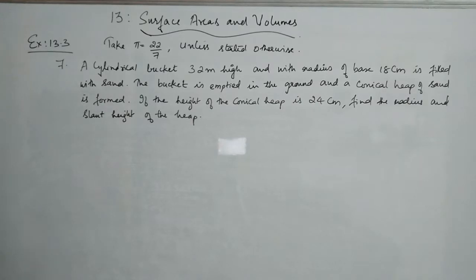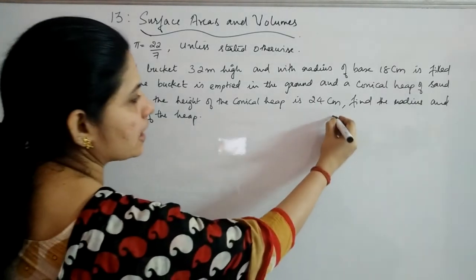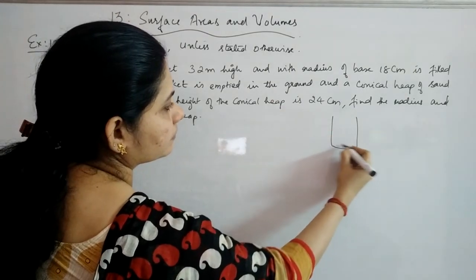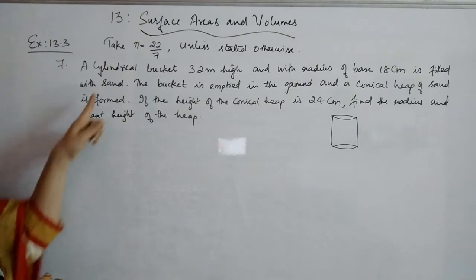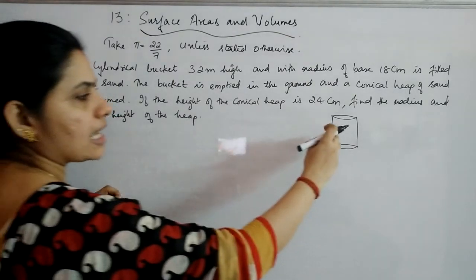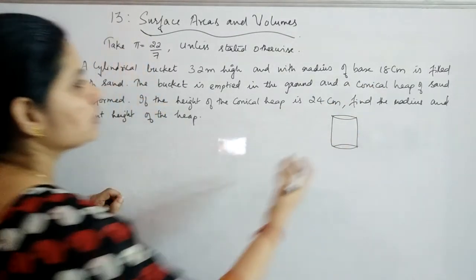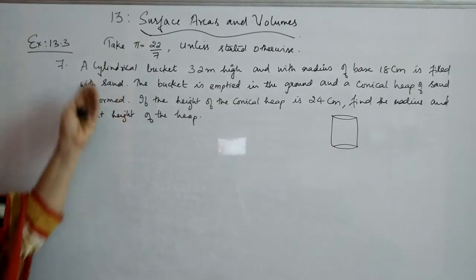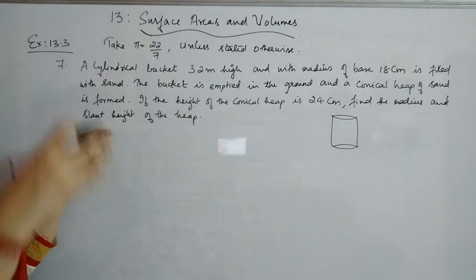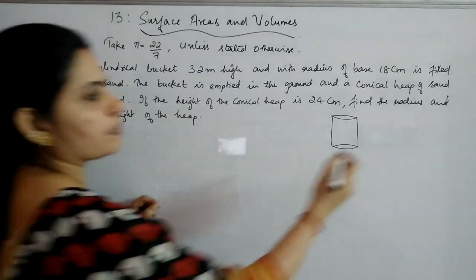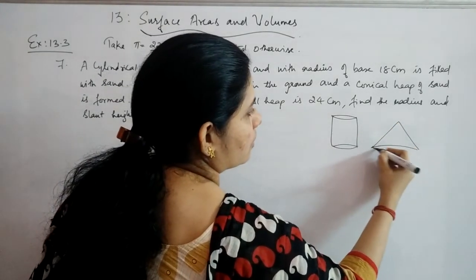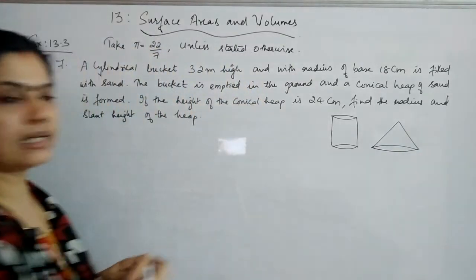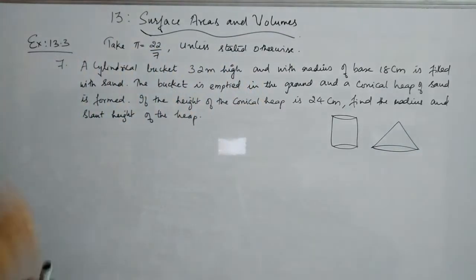That means you have a bucket which is cylindrical in shape, and this contains sand, and this sand has been poured onto the ground, forming a conical shape like this. When it is put on the ground, it forms a shape like this as a heap. So that is the conical heap of sand.